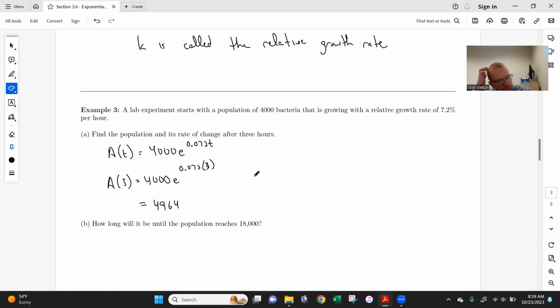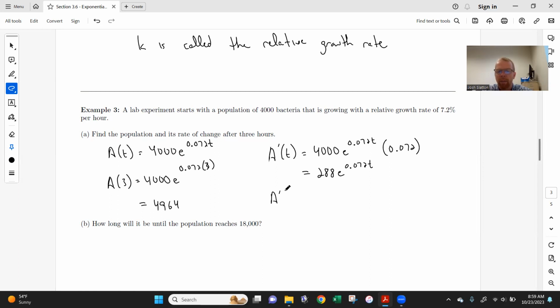So we're not going to worry about a fifth of a bacterium or whatever. And then find the rate of change. Rate of change indicates we need to find the derivative. So A prime of t. We're going to just write the exponential function and then take the derivative of the exponent, which of course is 0.072. And so 4,000 times 0.072 is 288. So we just have 288 e to the 0.072 t.